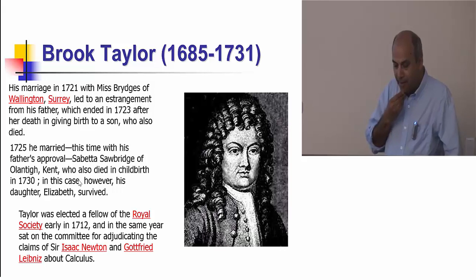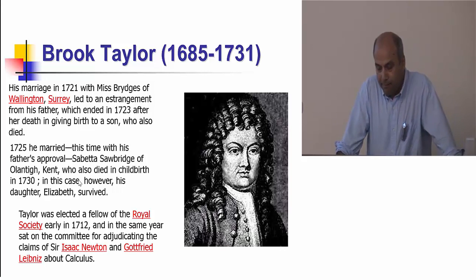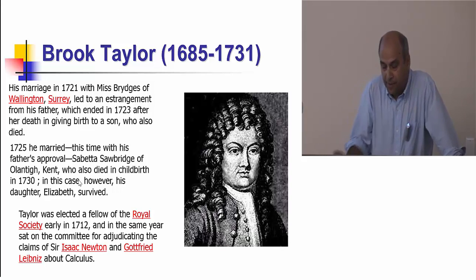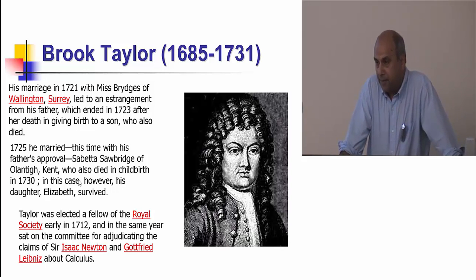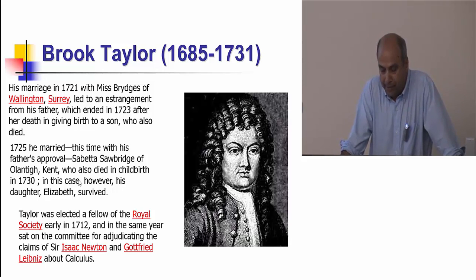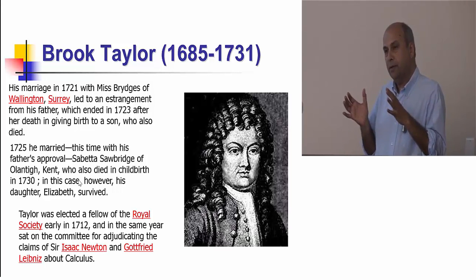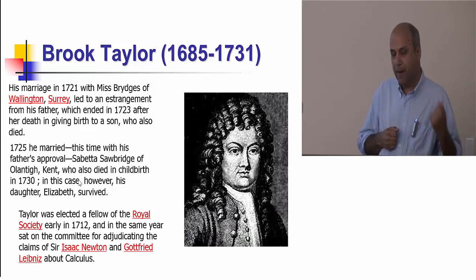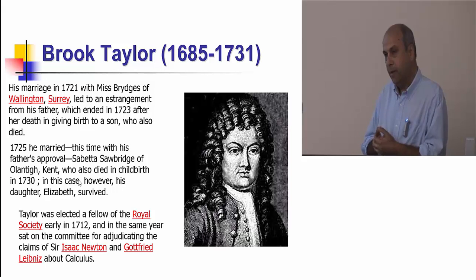Now, the biggest award you can get in England is to become a Fellow of the Royal Society of London, and it is also very old. He became a Fellow of the Royal Society of London in 1712. Another funny story here: you probably know that it's debated whether calculus was invented by Newton, an English mathematician and physicist, or by Leibniz, who was German.